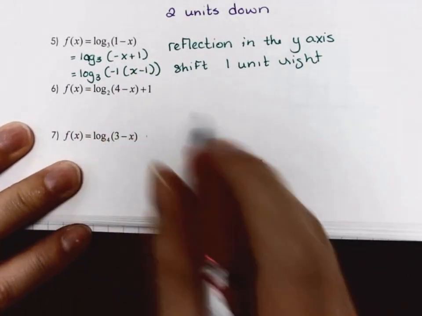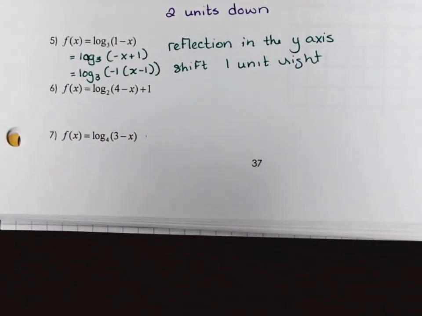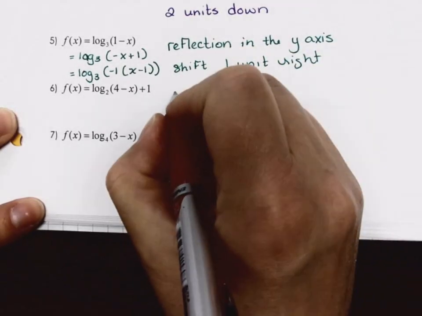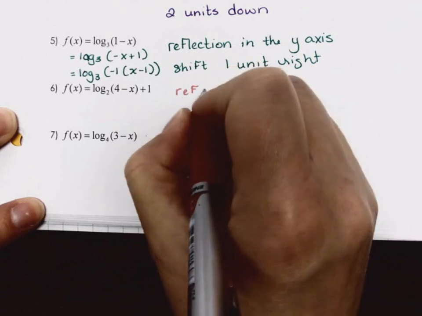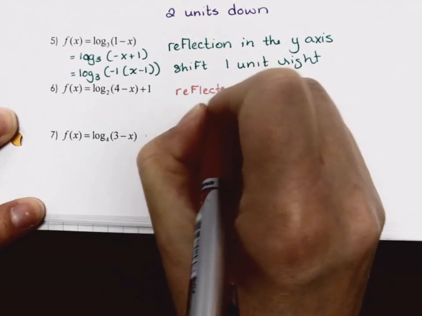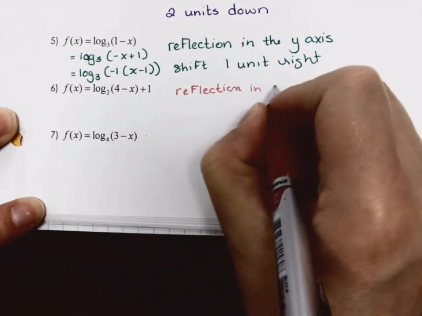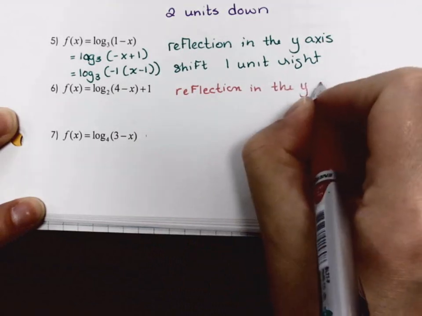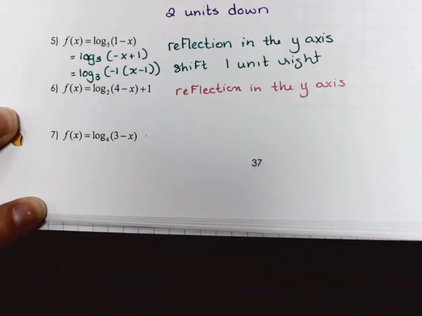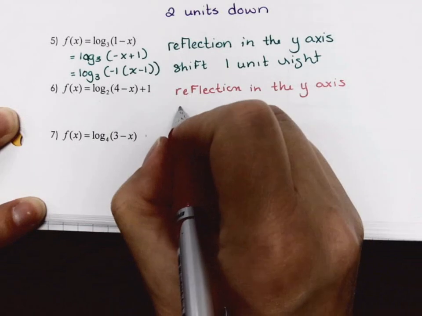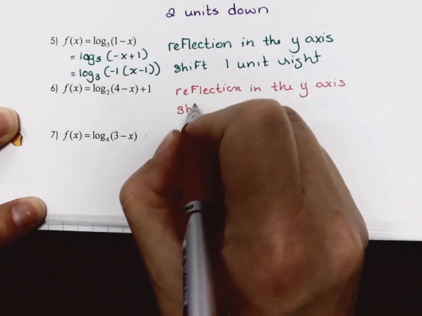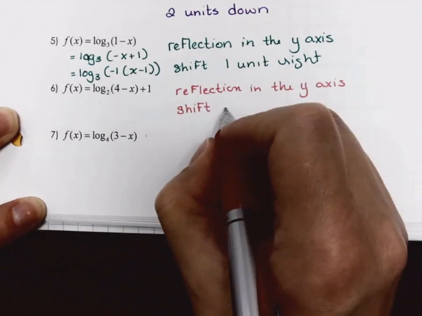Okay, this is the same trick question. I'm not going to rearrange it for you. You guys tell me what it is. Reflection in x-axis. I disagree with where, but I agree that it's a reflection. Reflection y-axis, horizontal shift 4 units right, and vertical shift 1 unit up.